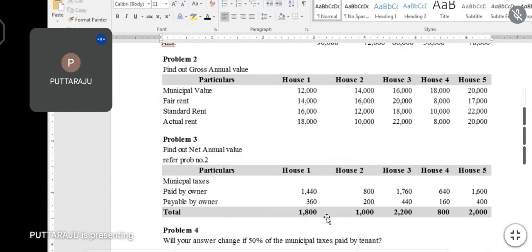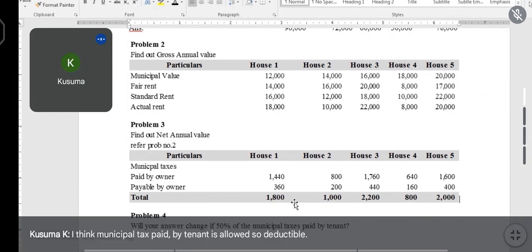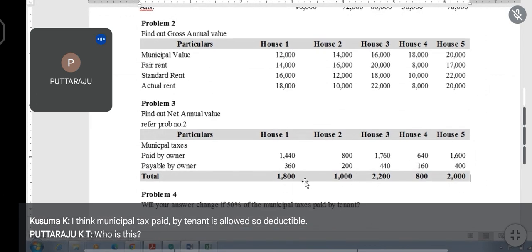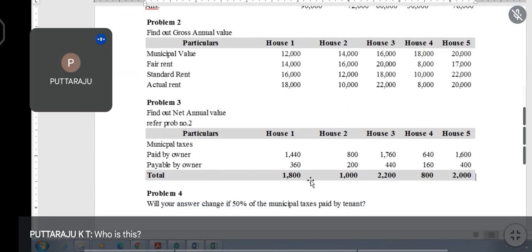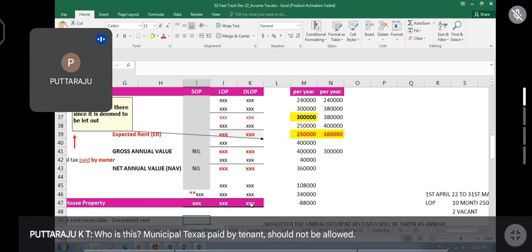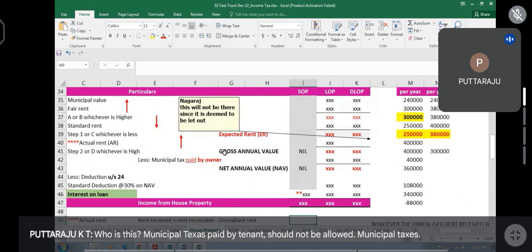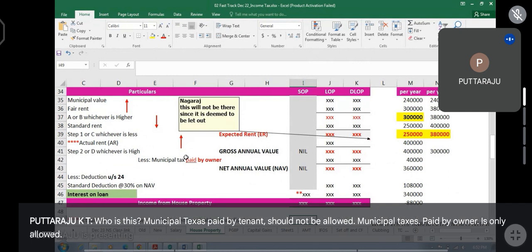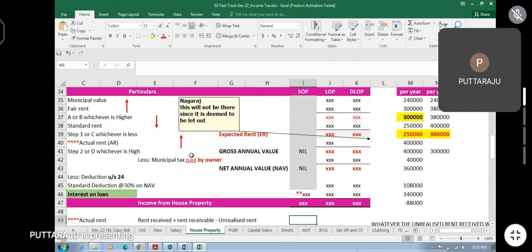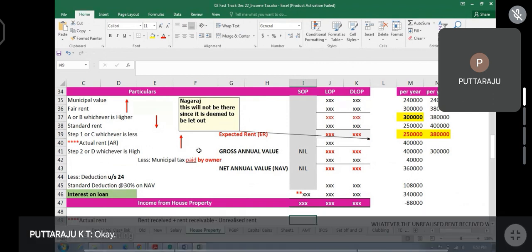Municipal taxes paid by tenant should not be allowed. Municipal taxes paid by owner is only allowed. Your property, you have to pay the municipal tax.